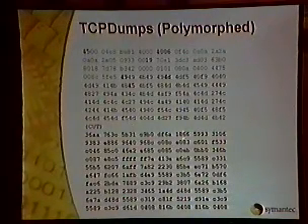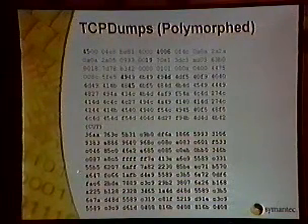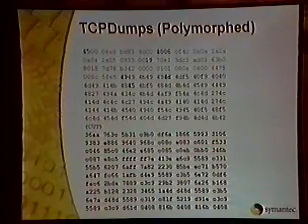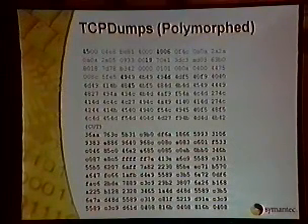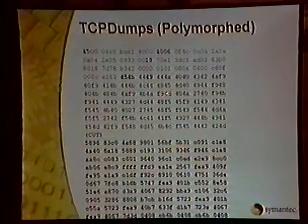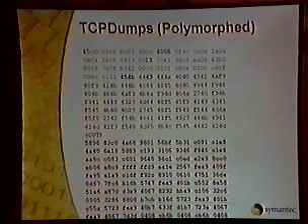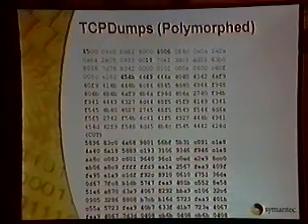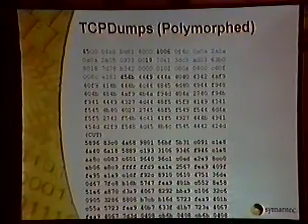I cut it down again, and here's the shellcode, and we don't see any similarities to the previous one at all. And it changes with each one. As we see here, it's going to change again. So each time this goes across the wire, it's completely different. That's how it evades pattern matching within IDS.